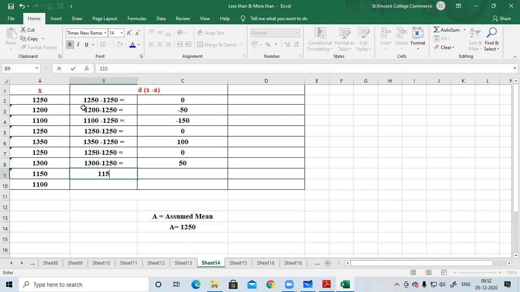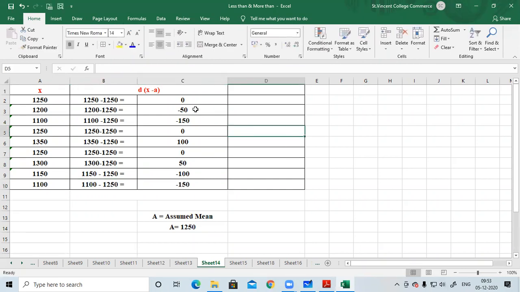Then I do 1150 minus 1250, which I get as minus 100. Is this right? Are you following, children? Then I do 1100 minus 1250, which again comes to minus 150.